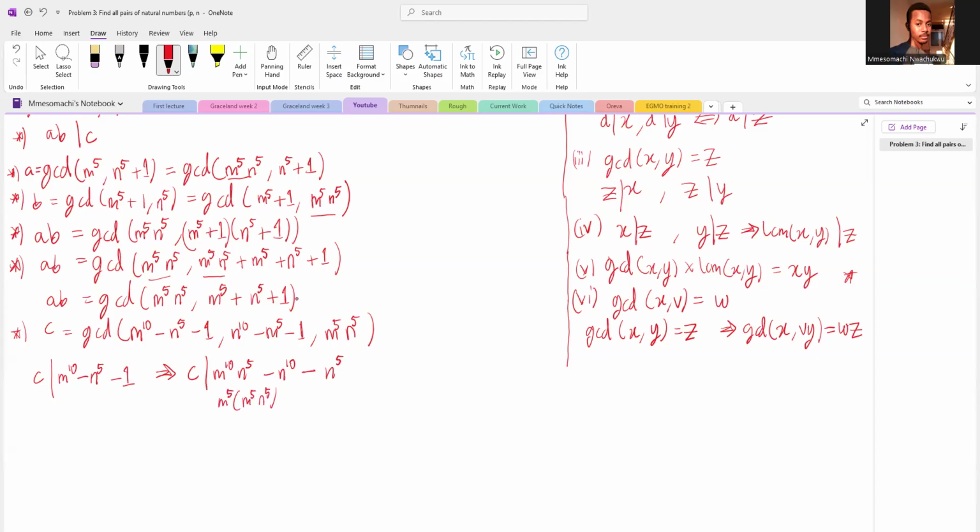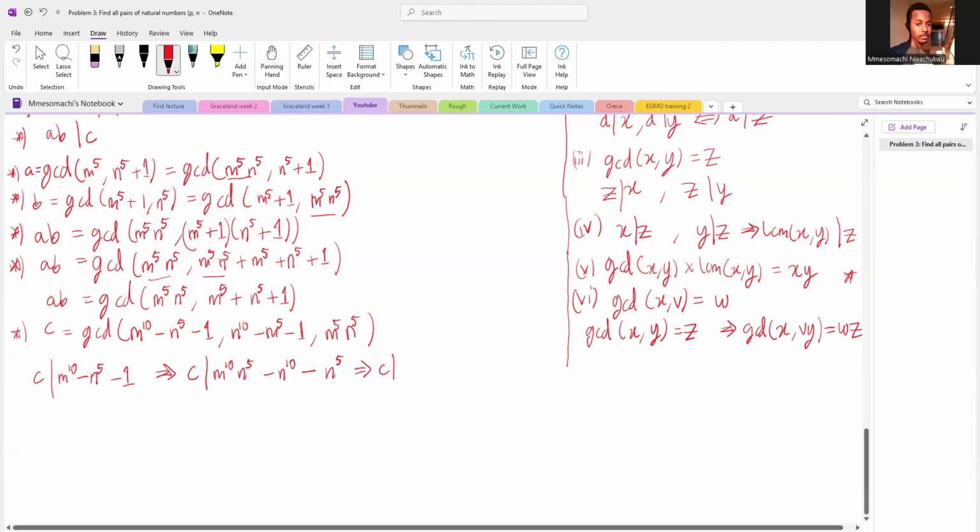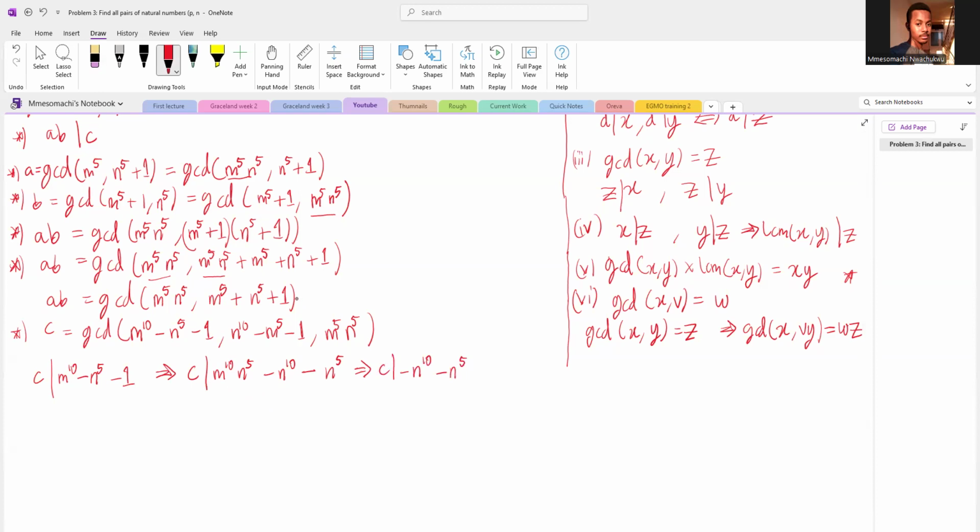Okay, so basically, this implies that C, so I'll just erase this. This implies that C divides negative n to the power of 10 minus n to the power of 5. Okay, so of course, negative values don't count for anything. So this implies C divides n to the power of 10 plus n to the power of 5.